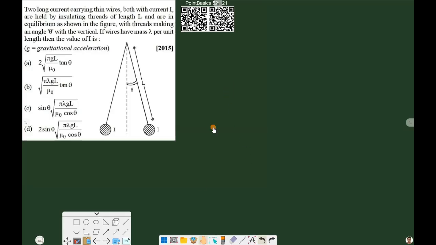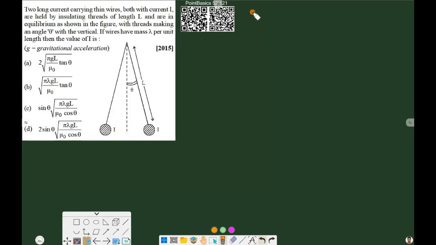And we know that if we have two conductors, and if they have current in the same direction, then they start attracting each other. So if current in both of these wires is in same direction, then they will attract each other and they will start touching, they will come in contact with each other. And that's not the case here. Here they are in equilibrium at some distance.